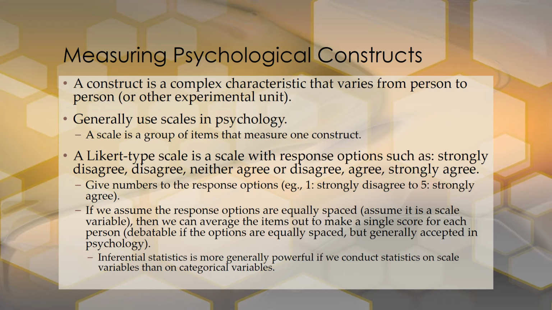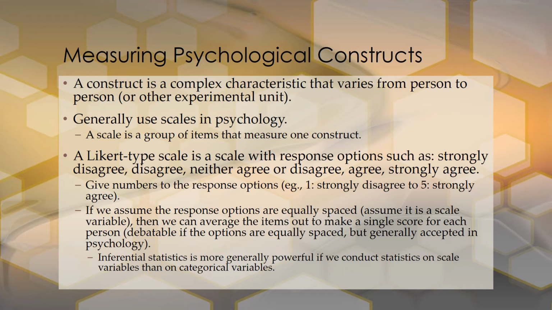Sometimes you don't want to give numbers to categories. For example, gender. We could give numbers to males and females. We could give male 1 and female 2, or we could give the female the 1 and the male the 2. But that doesn't really mean much because the order that we put them in is kind of arbitrary.